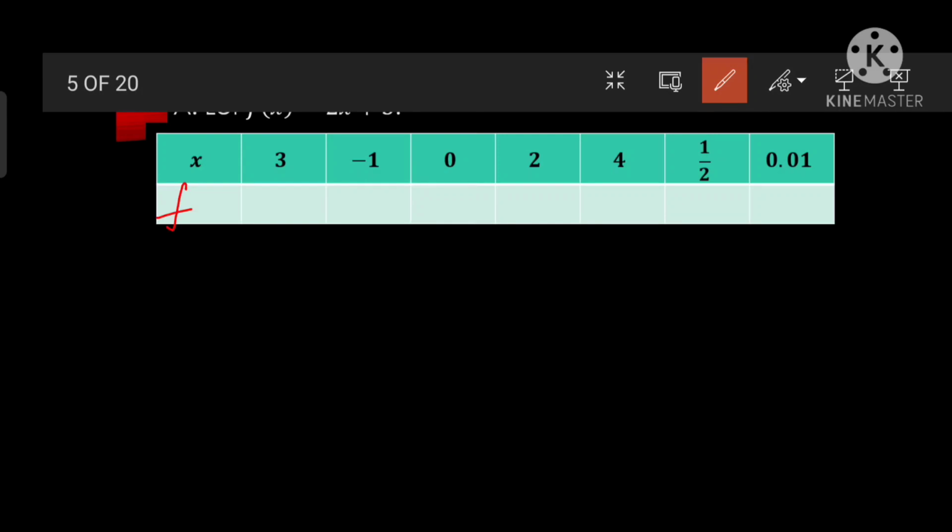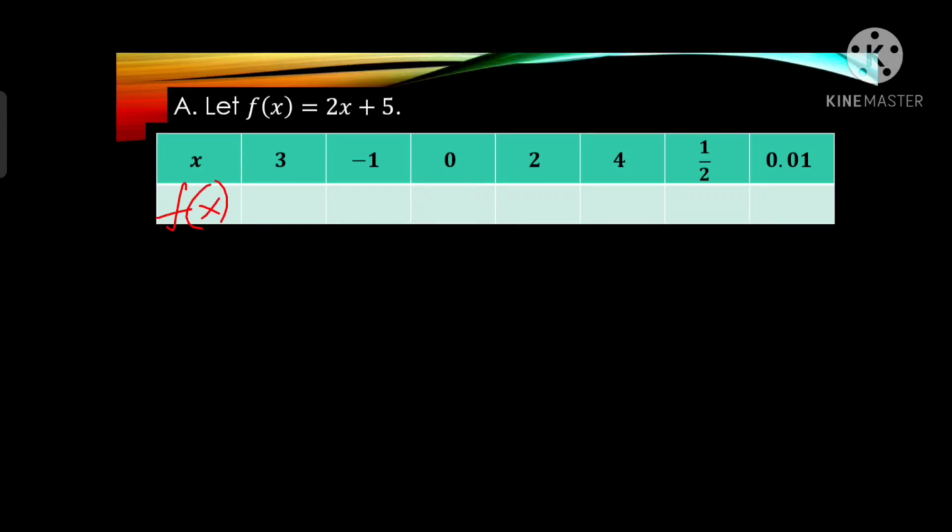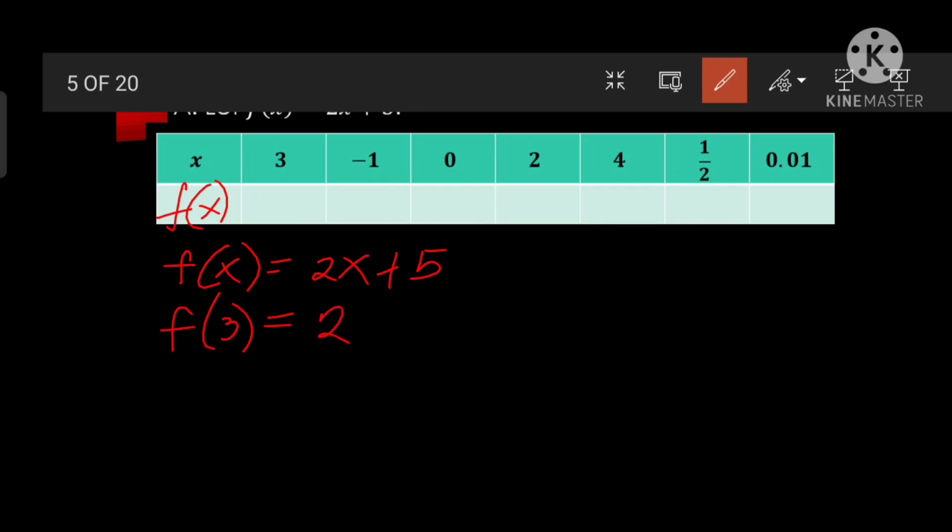Given f of x equals 2x plus 5, when x is equal to 3, substitute 3 for all x's.